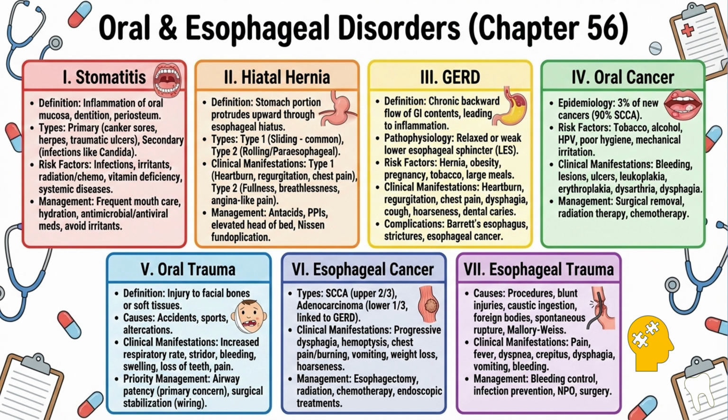Large paraesophageal hernias can lead to severe complications such as volvulus, incarceration or strangulation. Management ranges from medical therapy for reflux to surgical repair in refractory or high-risk cases.